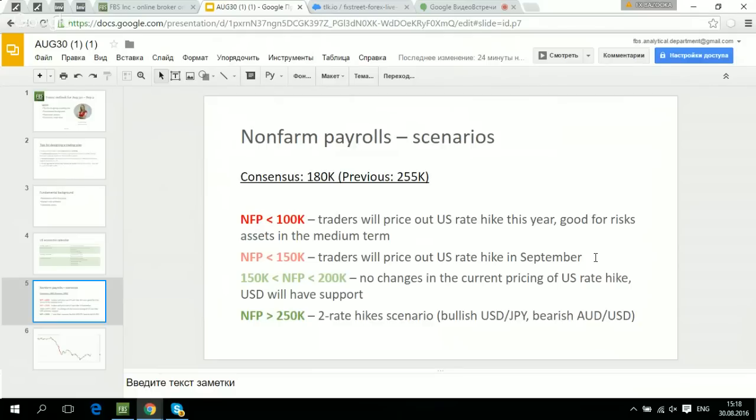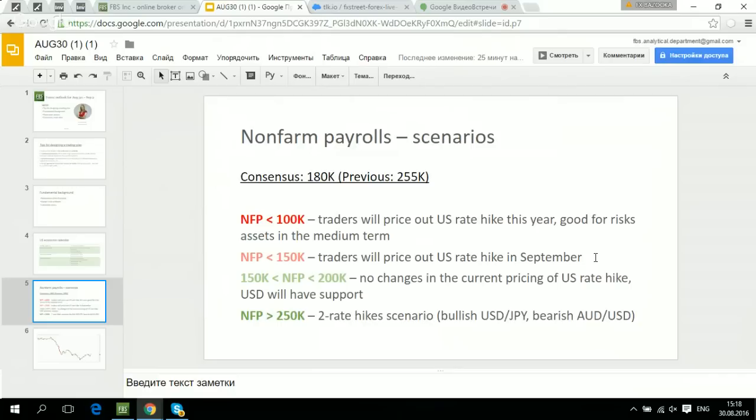If non-farm payrolls come in around the consensus forecast, somewhere between 150,000 and 200,000, then there will be no significant change in how the market is pricing in the US rate hike.